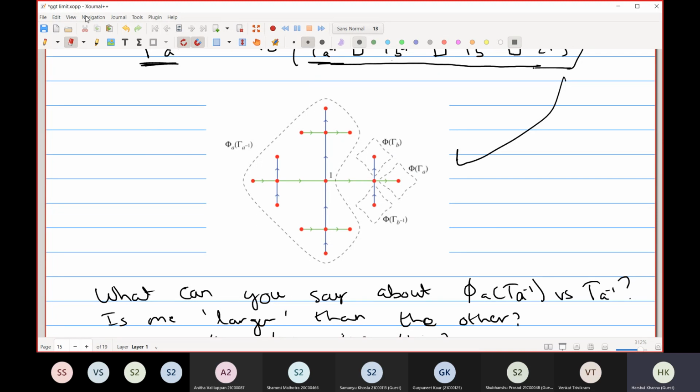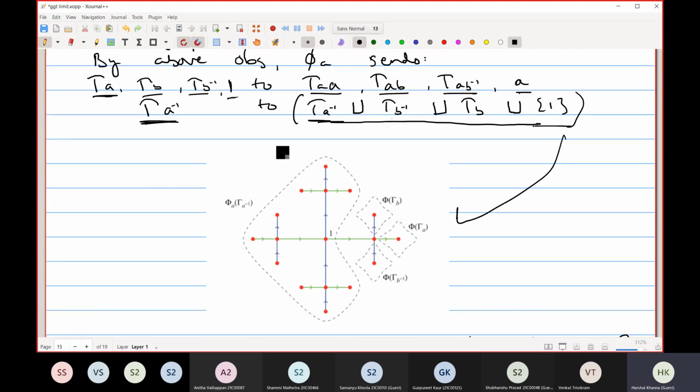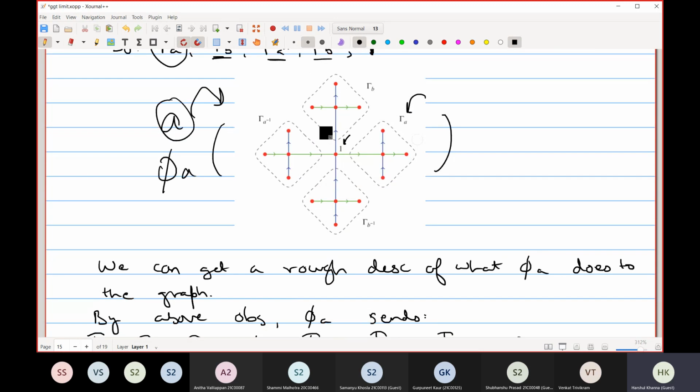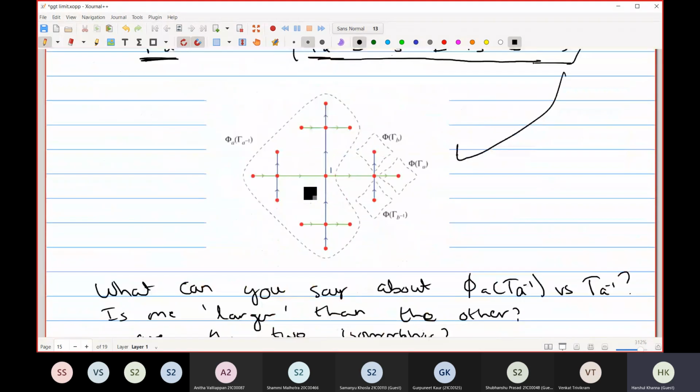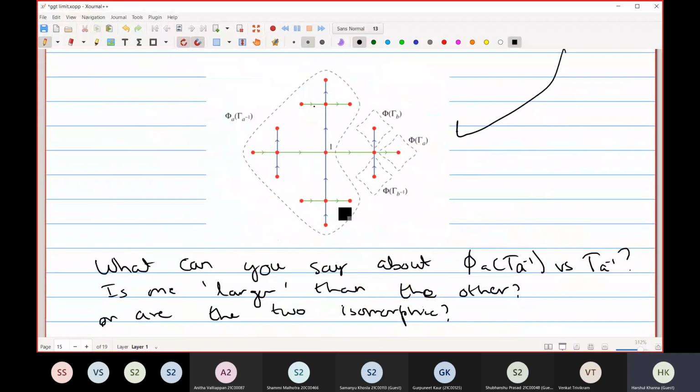Now you see that these four are isomorphic, obviously: TA inverse, TB, TA, and TB inverse. But after applying your phi A, TA inverse goes to the union of these three regions, and your TB goes to this region, this region, and this region. What can you say about phi A of TA inverse versus TA inverse?